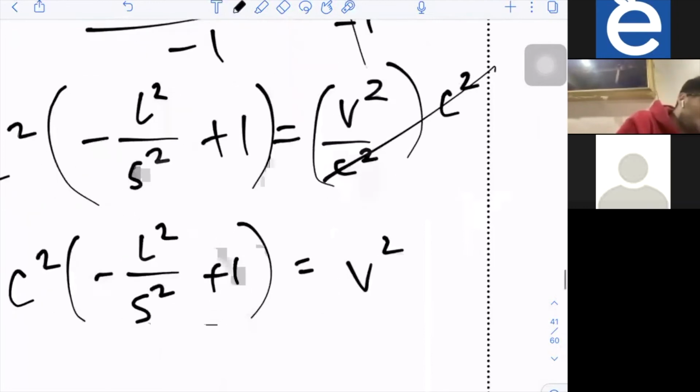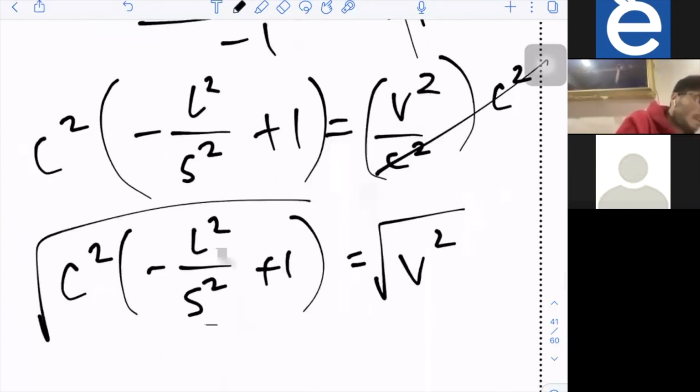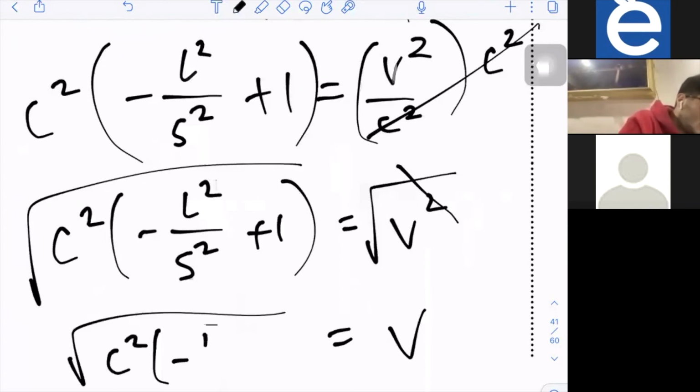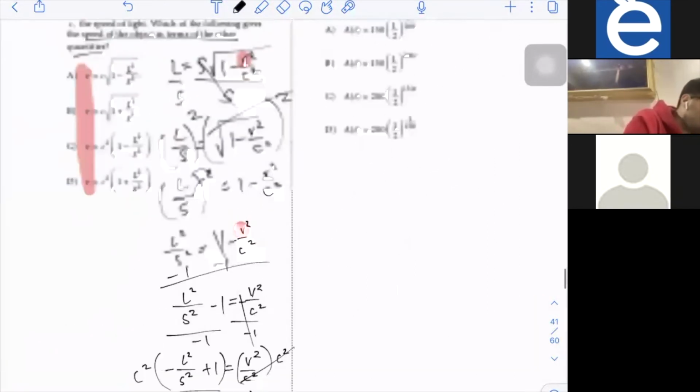And then you can take the square root of v squared and do that on the right-hand side as well to get rid of the squares. And then you're just left with v is equal to the square root of c squared times negative L squared over s squared plus 1. And notice how in the answer choices, they don't have c squared.